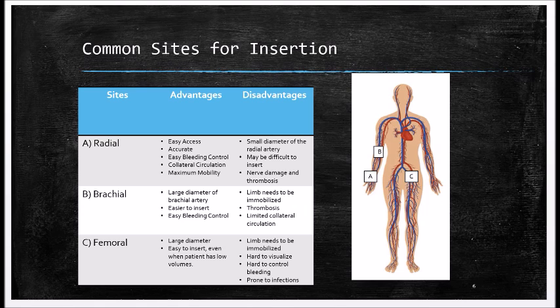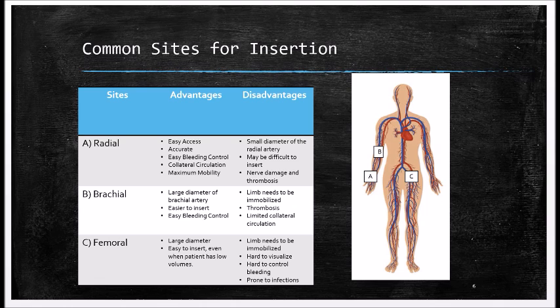B, as you can see in the picture right here, is the brachial site, and the brachial has a larger diameter than the radial, and therefore it's a little bit easier to insert, and bleeding is relatively easy to control as well by putting direct pressure.